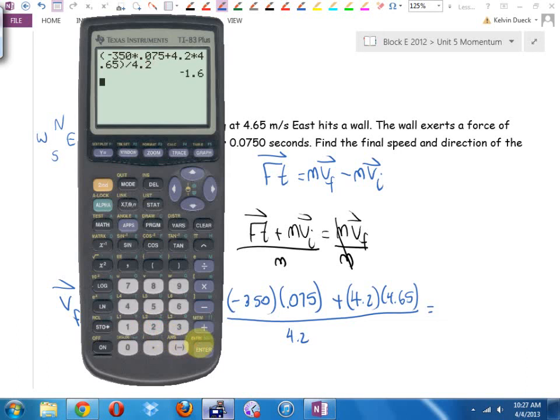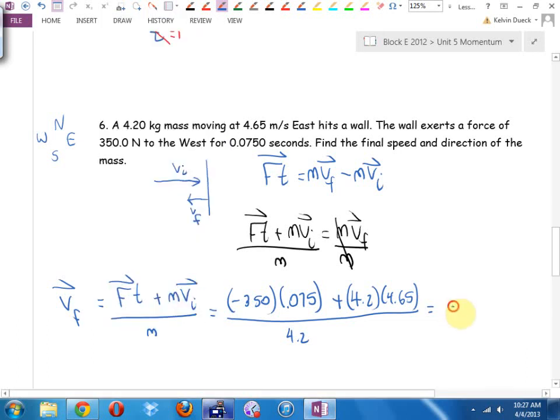Oh, get negative 1.6? You know what? It said find the final speed and direction. So instead of saying negative, let's go like this: 1.6 meters per second west. Gotta be. Oh, it bounced off the wall back in the direction that it came. Which seems really obvious now, but there, we proved it.